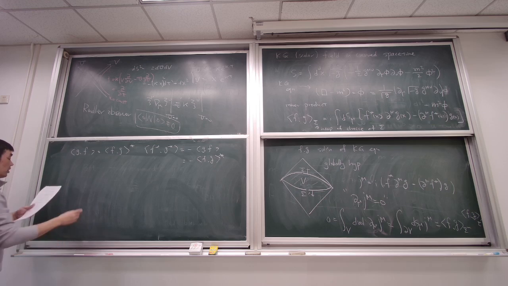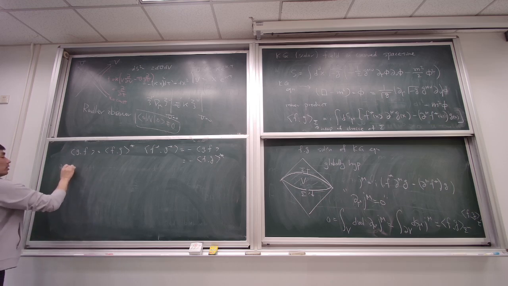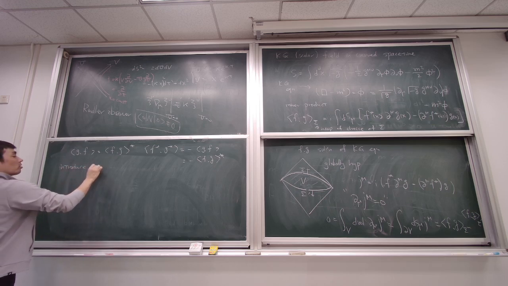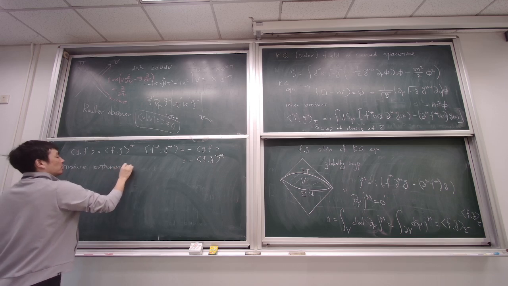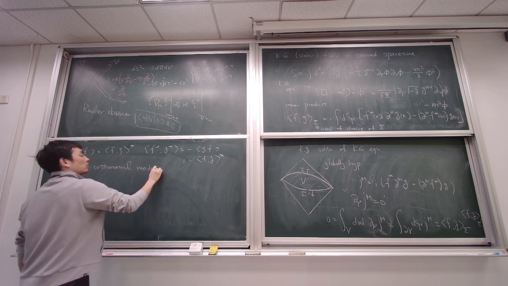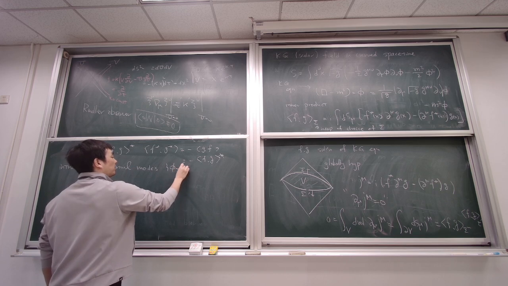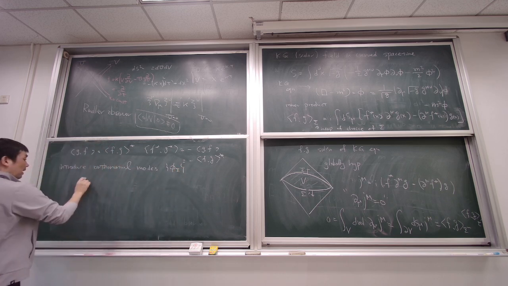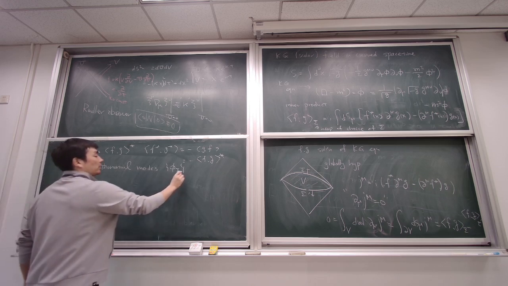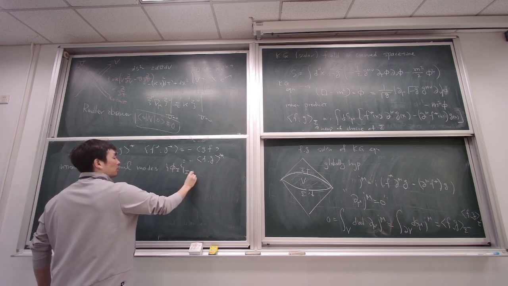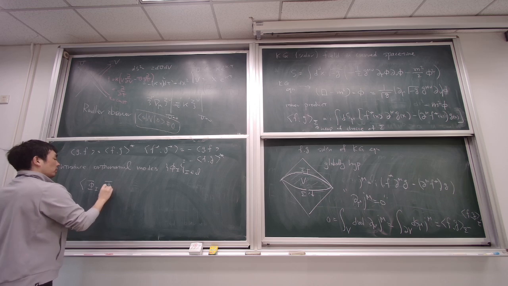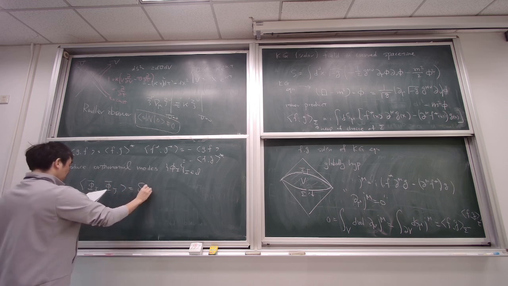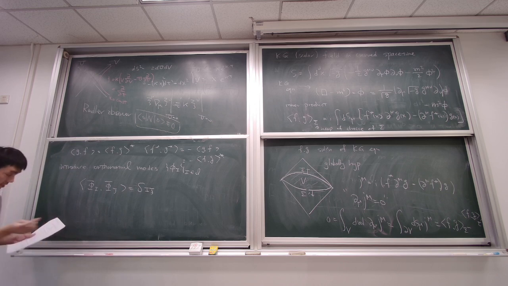And now we just introduce orthonormal modes phi i, such that the phi i, so i is some whatever index, phi i, phi j is given by delta ij, and the other is the phi star.